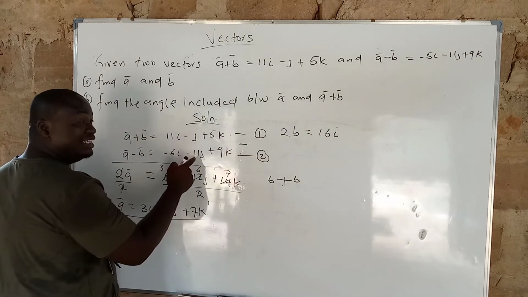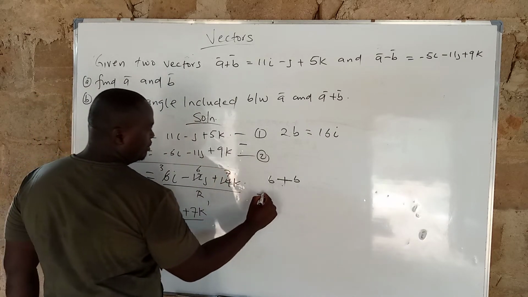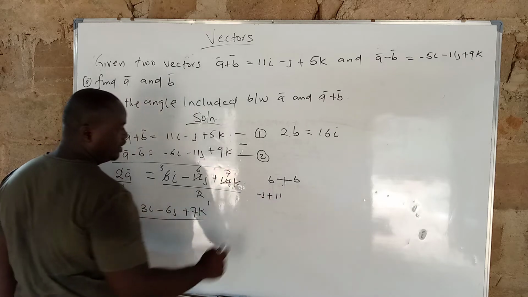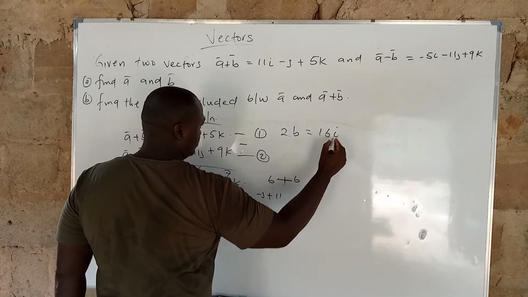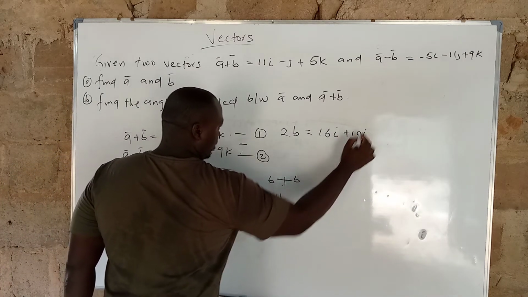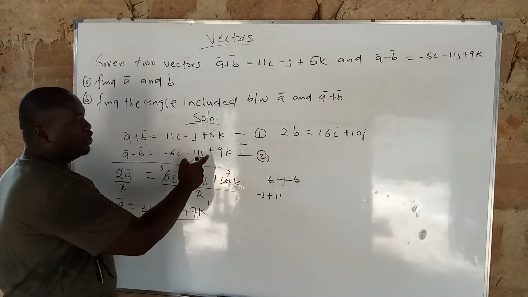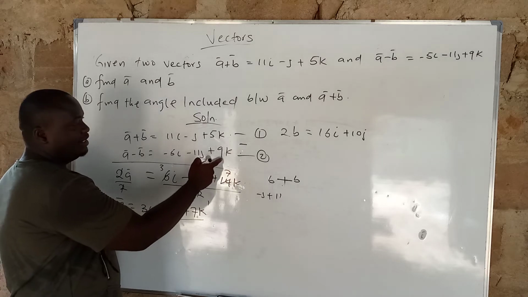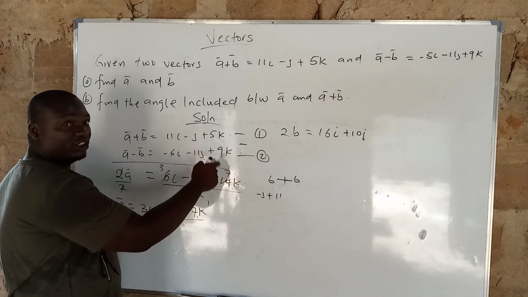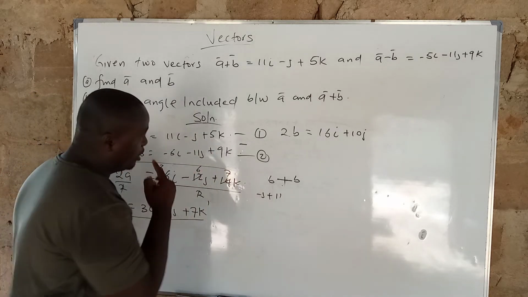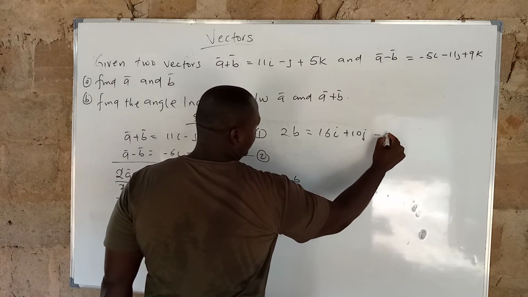Now, minus J minus J plus 11, that's what it means, this will give you plus 10J. Now, 5 minus plus 9, that will give you 5 minus 9, and that will give you minus 4K.